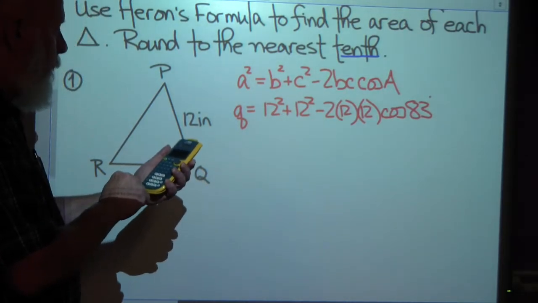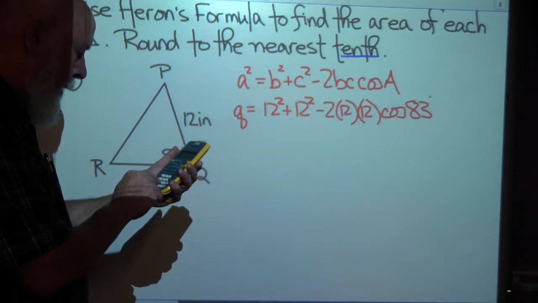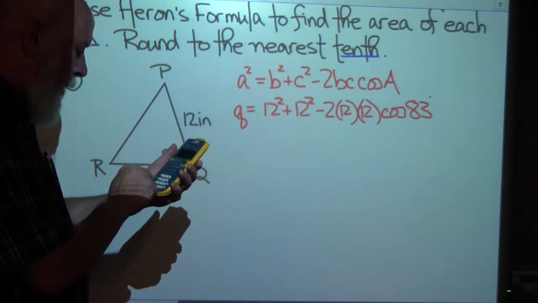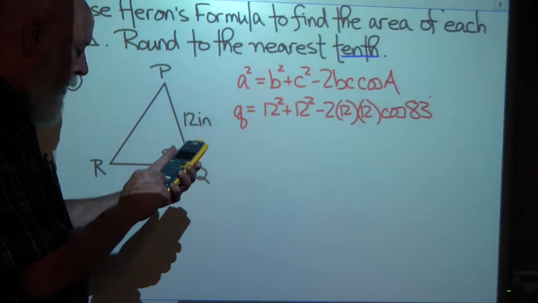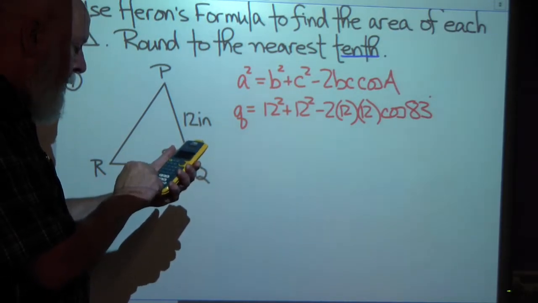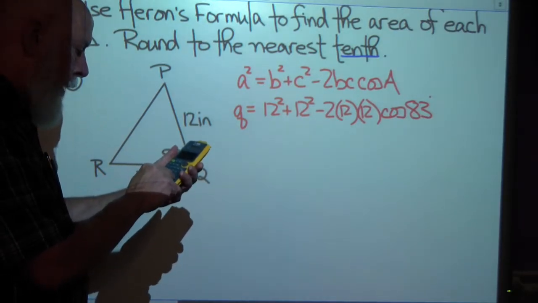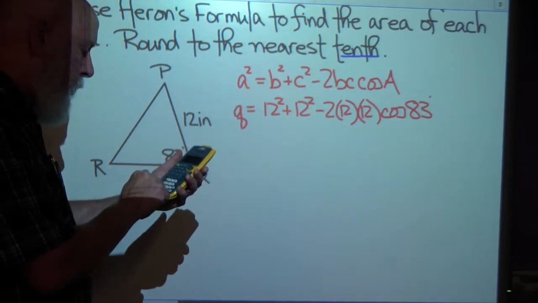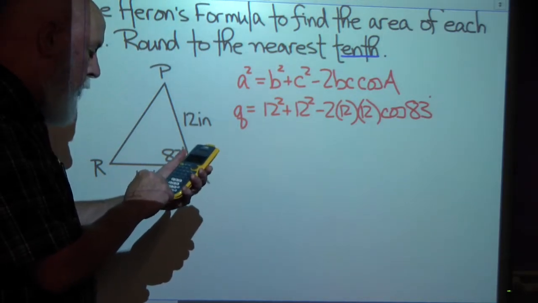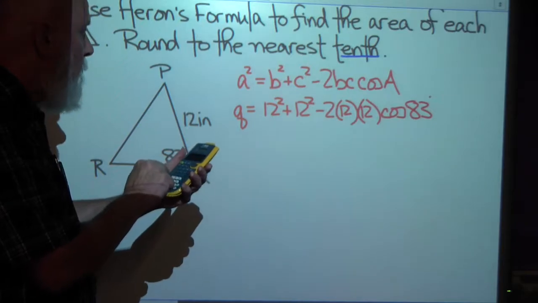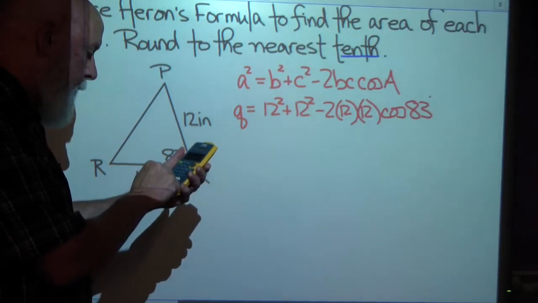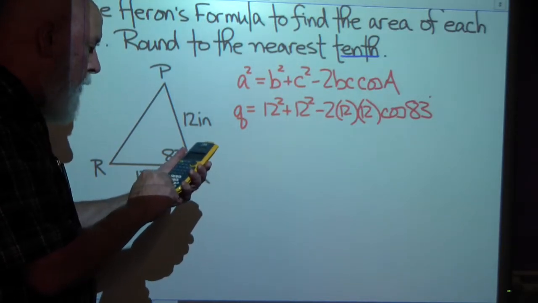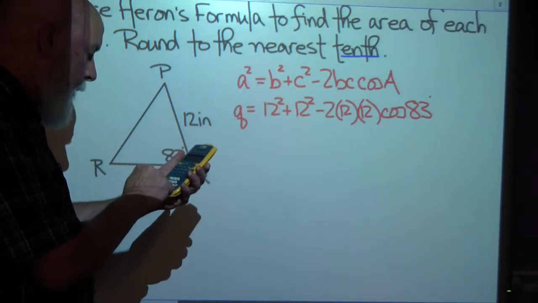Clear. 12 squared. I know where all the buttons are on mine. Plus 12 squared. Minus 2 times 12 times 12 cosine 83. Enter. And I want to take the square root of that.